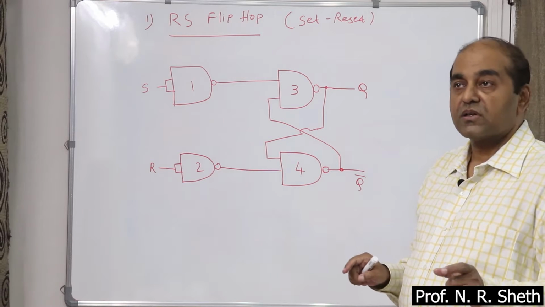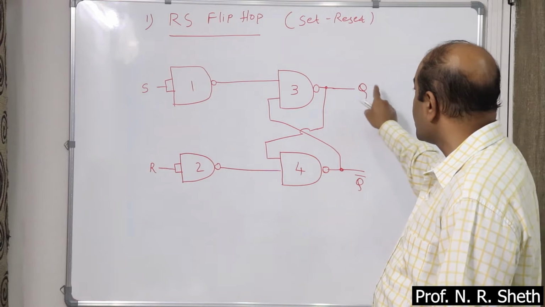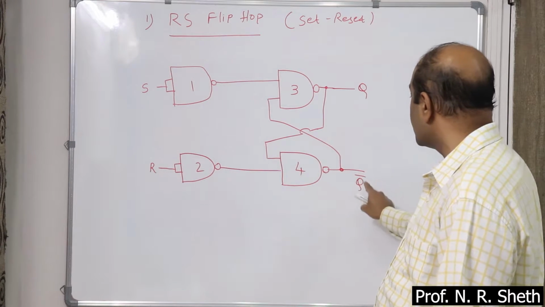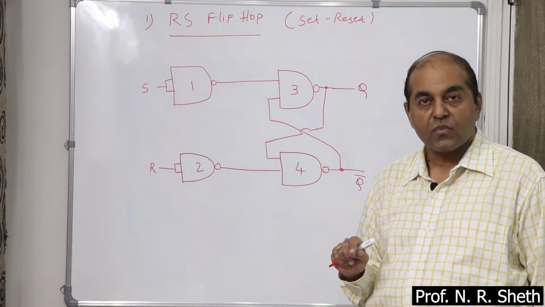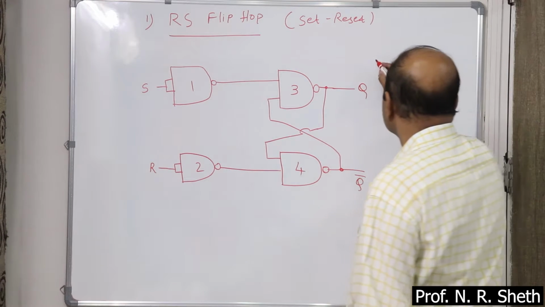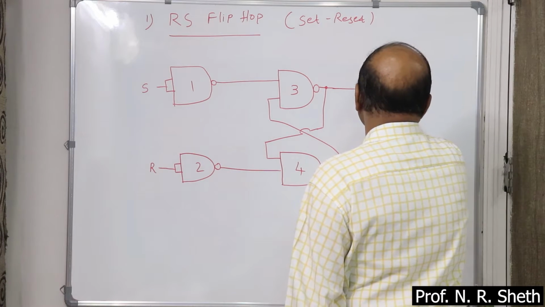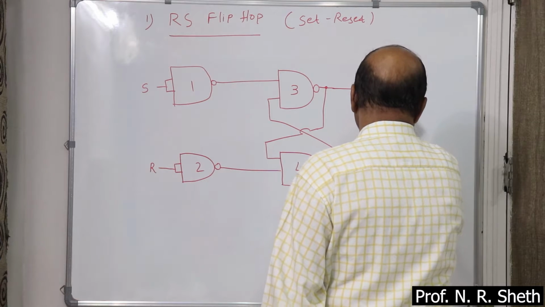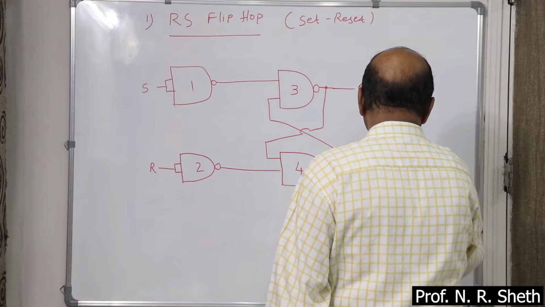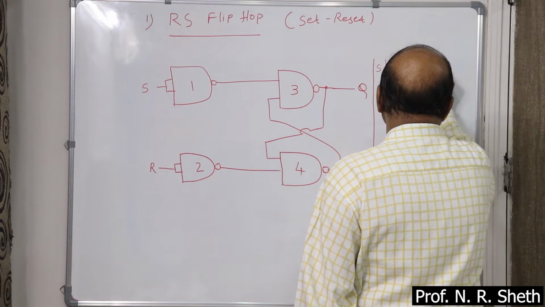Now this is a standard, that opposite to S is output Q and opposite to R is output Q bar. Okay. Now about the truth table. Input S, input R, output Q and its action.